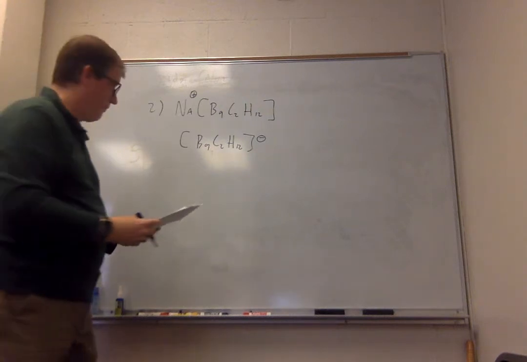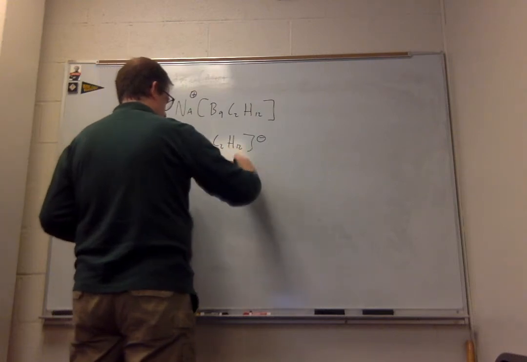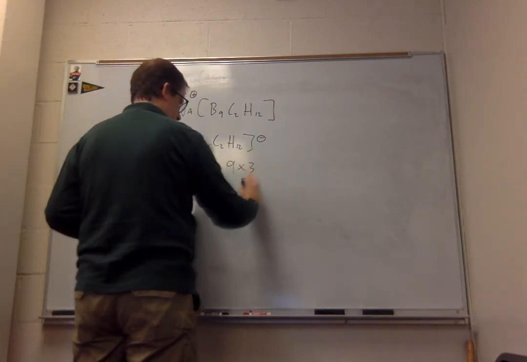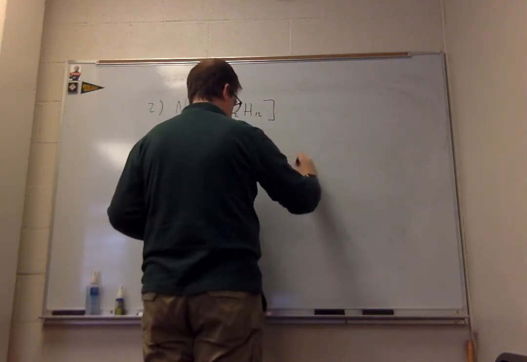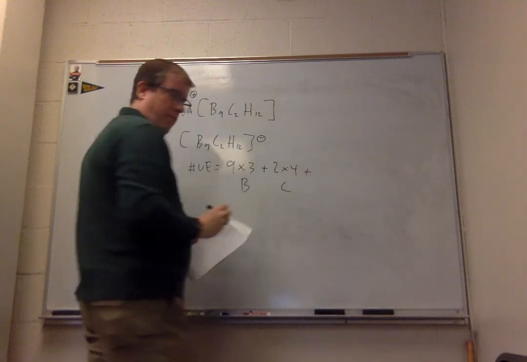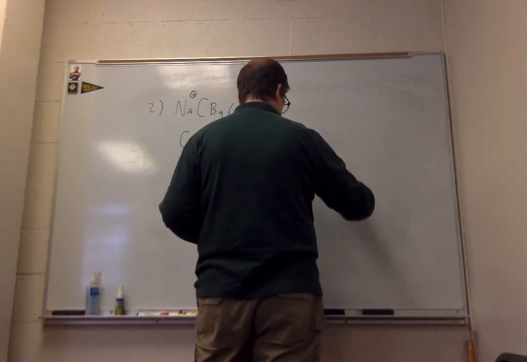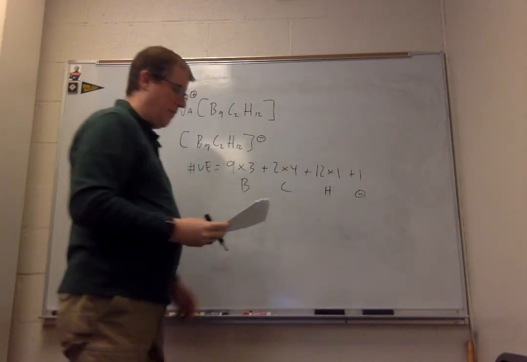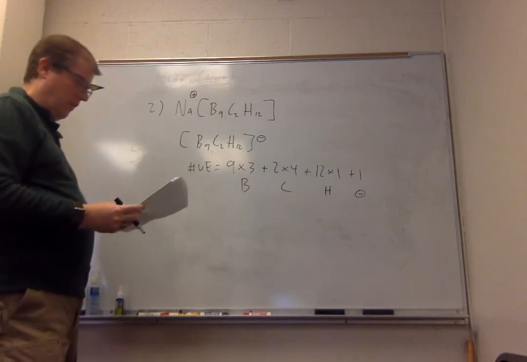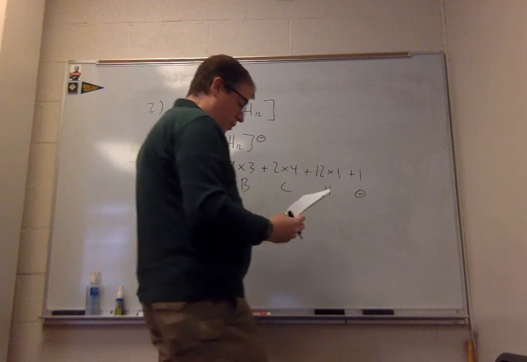So now, nine times 3 for our borons, 2 times 4 for our carbons, 12 times 1 for the hydrogens, and a -1 charge means we add 1 more electron.